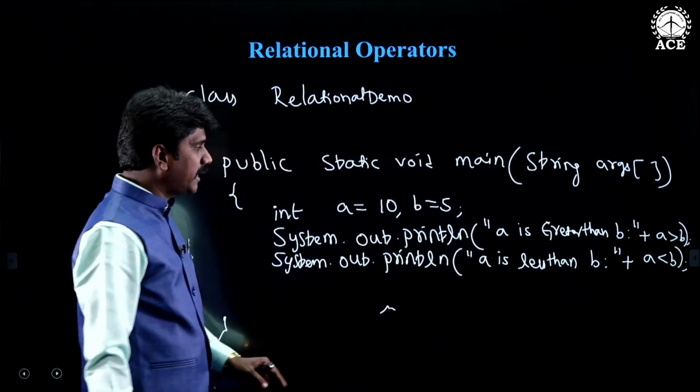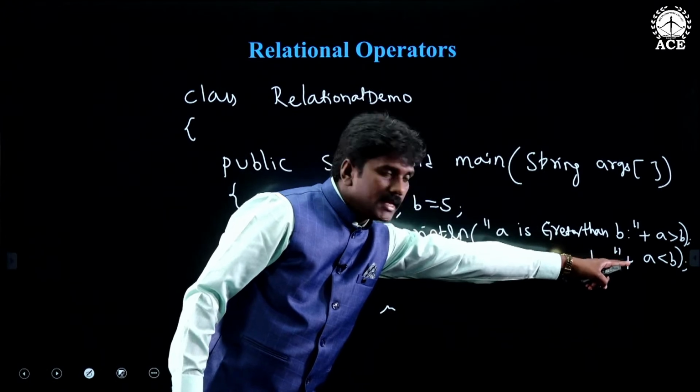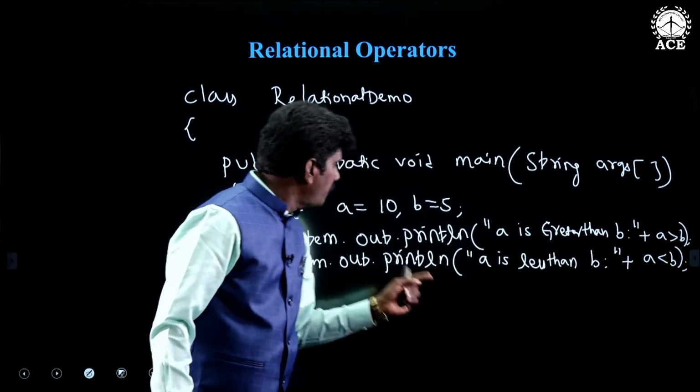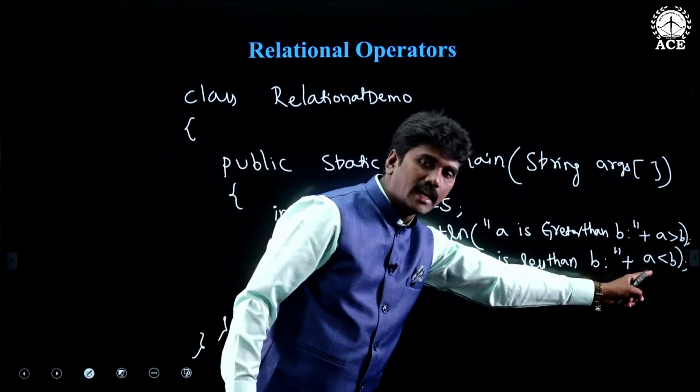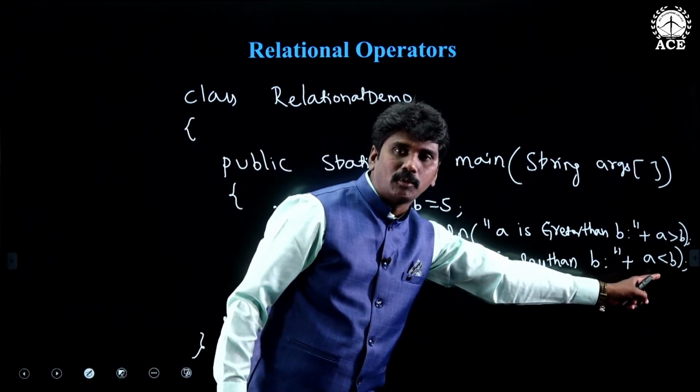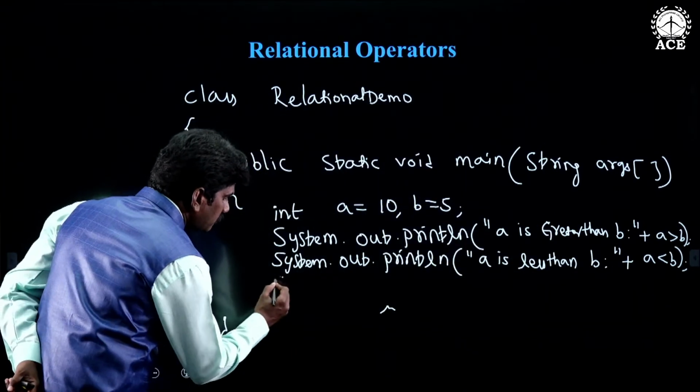What is going to be printed here? "a is less than b" and the result of a less than b. Here a is equal to 10 and b is equal to 5. If I check the condition a less than b, it is going to return the Boolean value false. Next one.